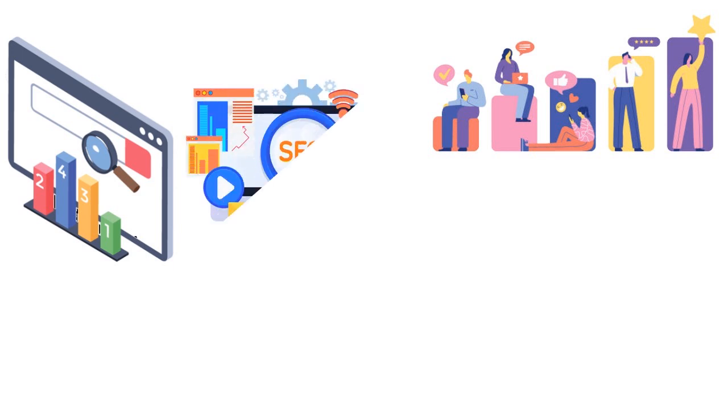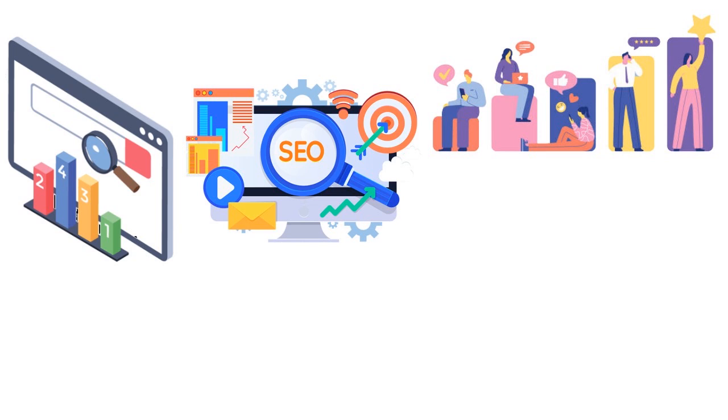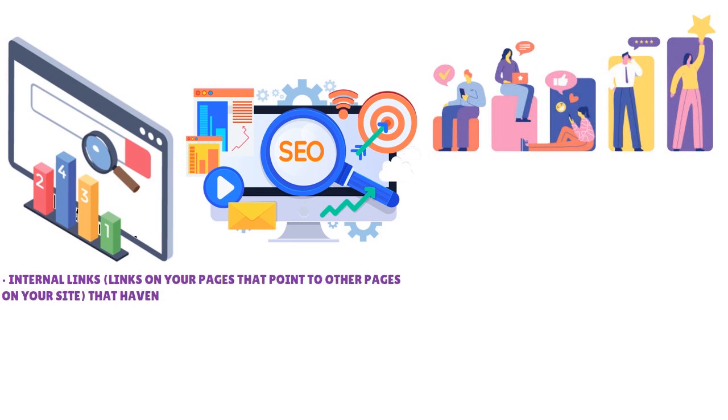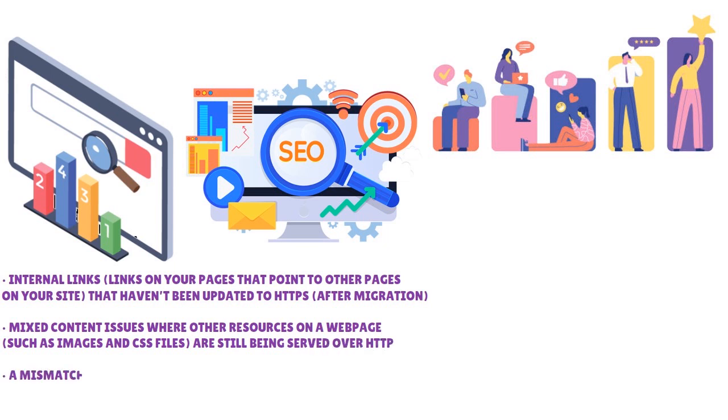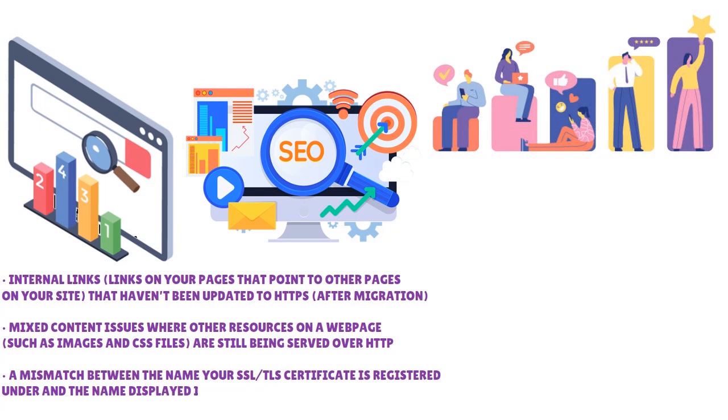If you are serious about SEO, check your website for HTTPS issues, which are common among sites that have recently migrated from HTTP to HTTPS. Now, these issues include internal links, mixed content issues where other resources on a web page, such as images and CSS files, are being served over HTTP, and also a mismatch between the name your SSL/TLS certificate is registered under and the name displayed in the browser's address bar.